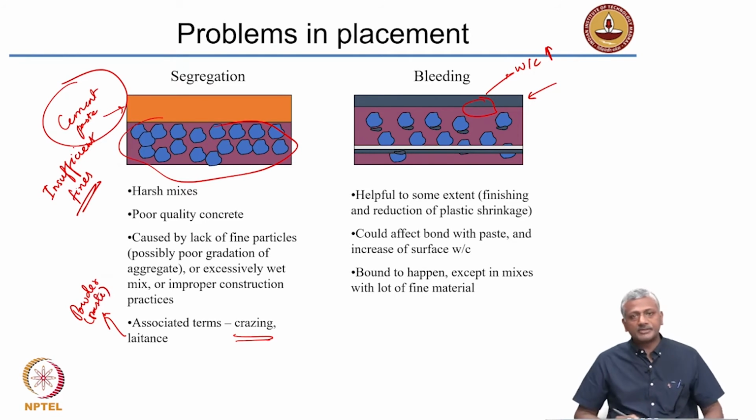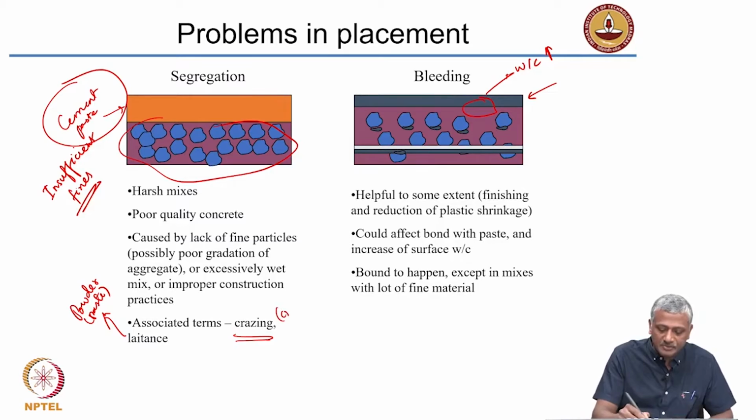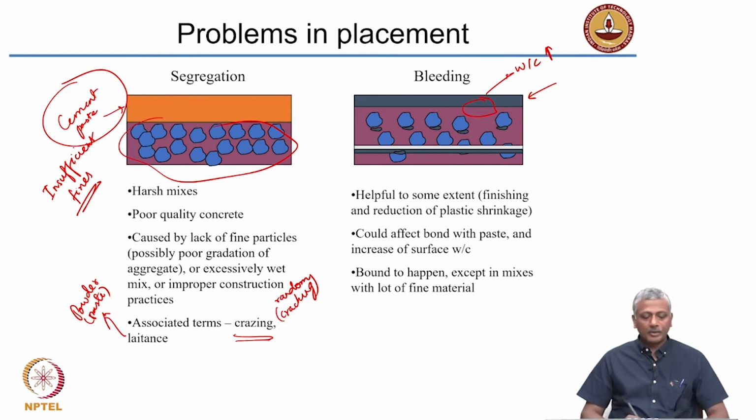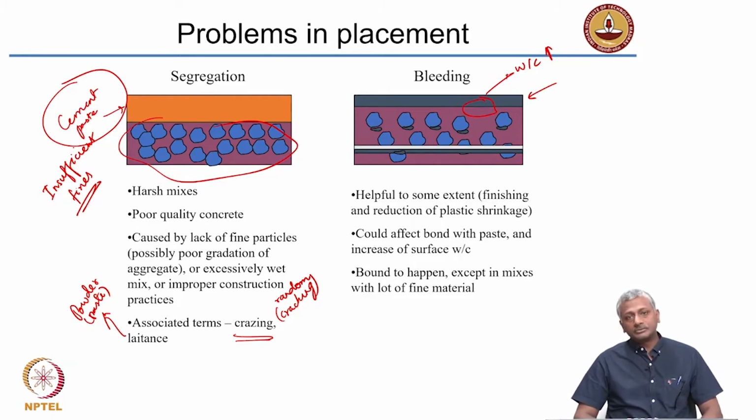The cement paste dries off as a powder and basically gets removed from the top surface. That is called latence. Okay? Cracking, creasing and latence are a major problem. Creasing is basically random cracking of the top surface. So, if you lack fines in your mix, either fine aggregate or enough cementitious materials, you are going to be causing these problems of segregation and bleeding.